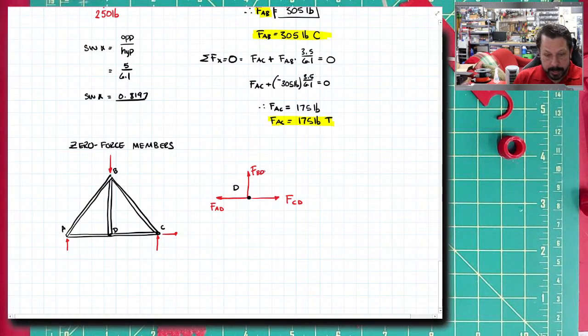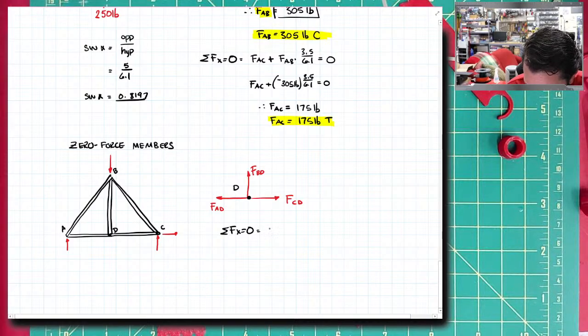And I apply my 2D equilibrium equations. Summation of forces in the x direction equals 0. I'm not really worried about the numbers, but my equation would say FAD equals FCD. So that's fine.